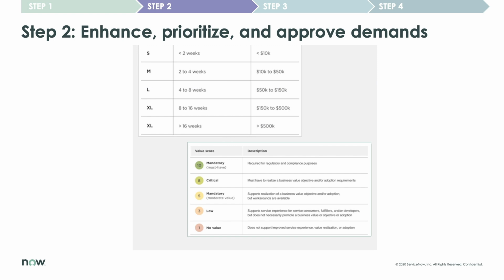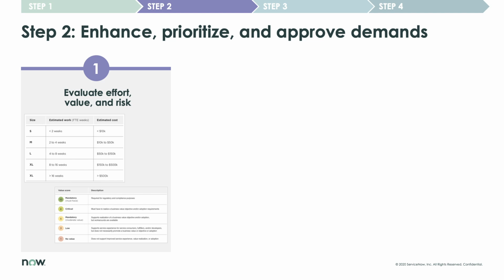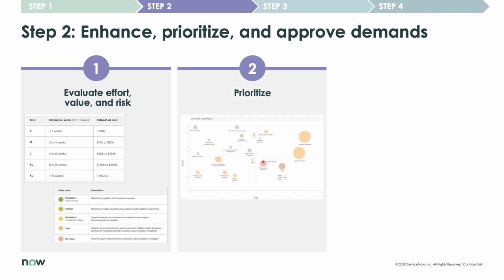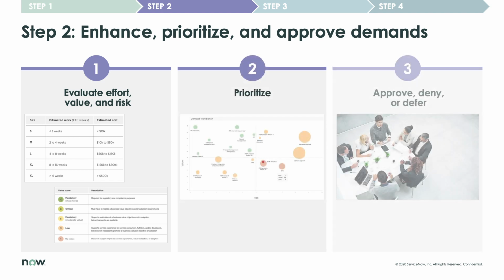Value and risk should consider things like regulatory compliance needs, support for business priorities, user experience, and scope of impact. With these definitions in hand, you will be able to prioritize and approve, deny, or defer each demand based on their effort, value, and risk profile.